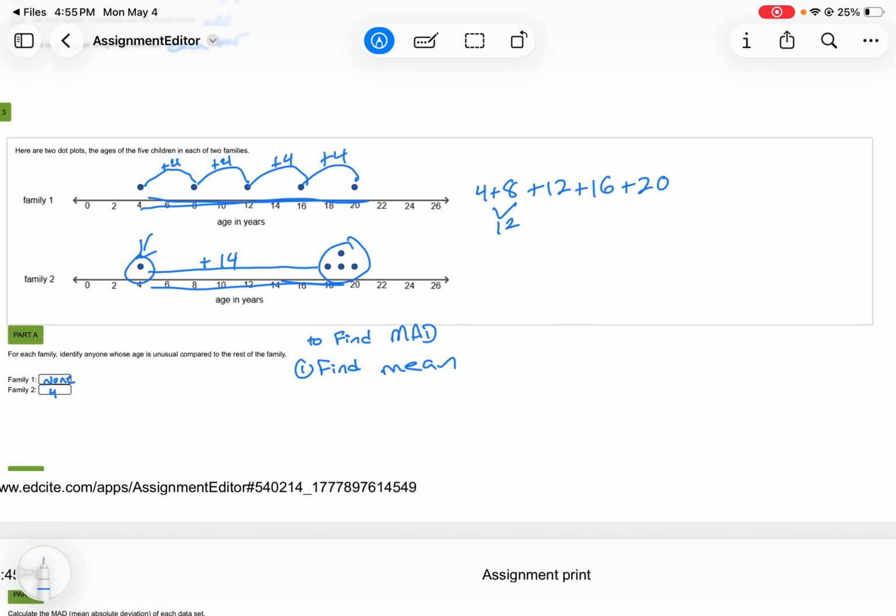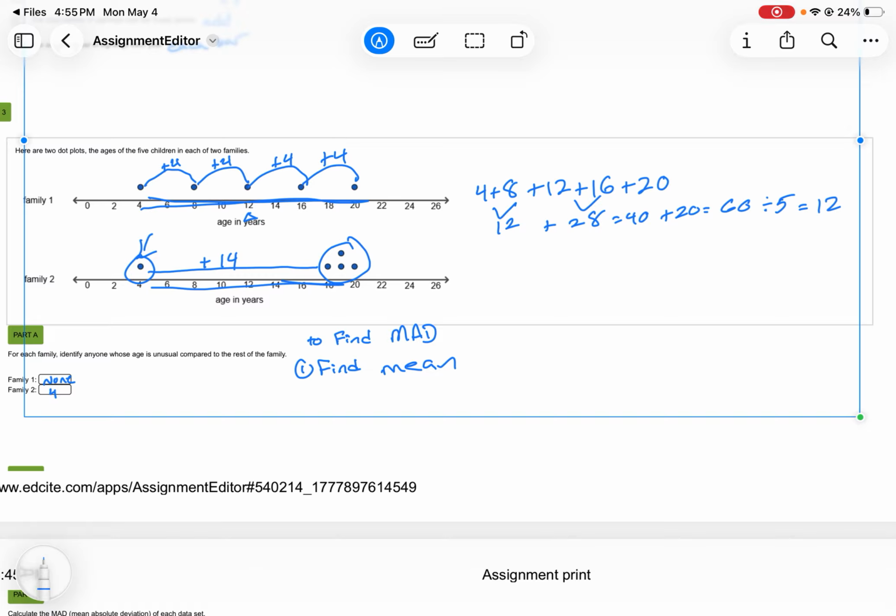Well, that's 12. That's 28. When I add those, I get 40 plus 20 is 60. There were 5 numbers, so divide by 5, and I get 12. And so there's our mean.